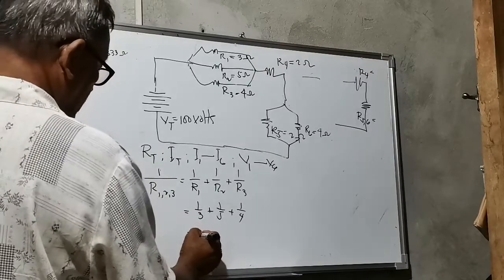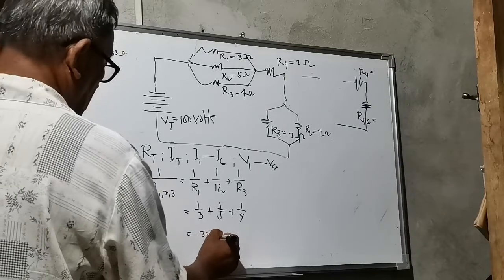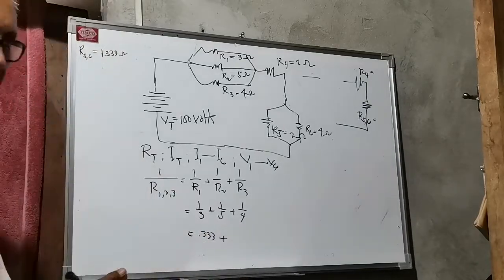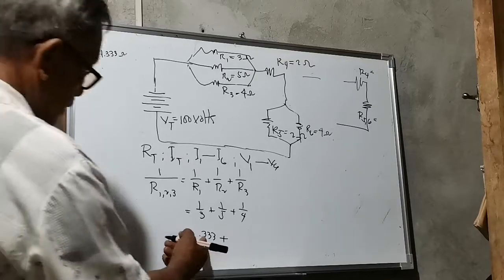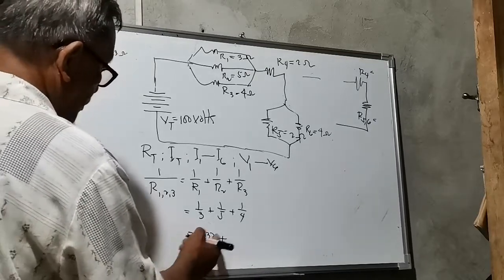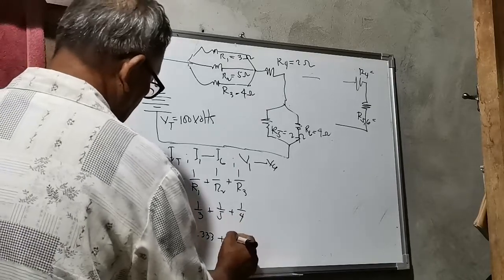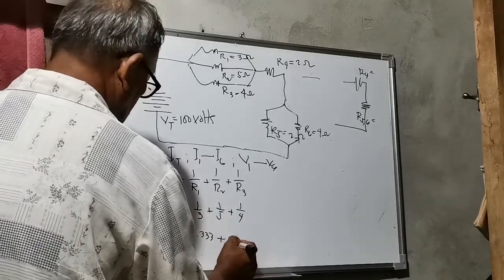1 divided by 3 is 0.333. We are going to get 3 digits after the decimal point. 1 divided by 5 is 0.2.